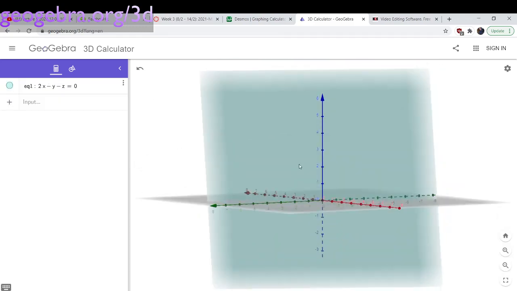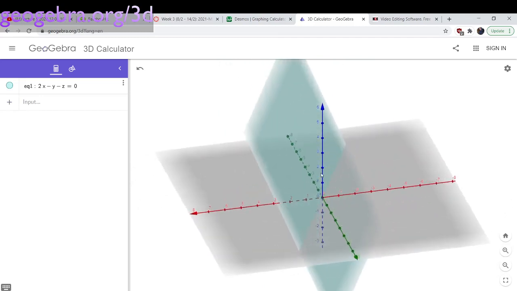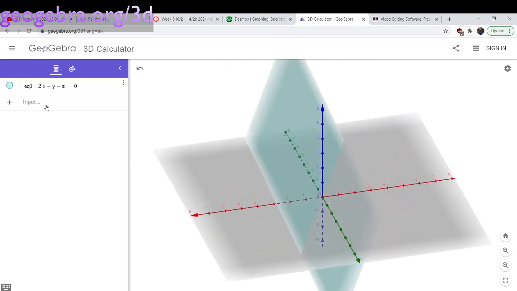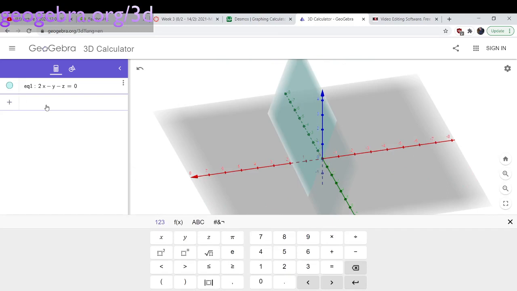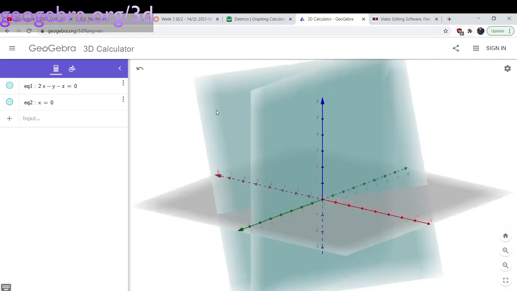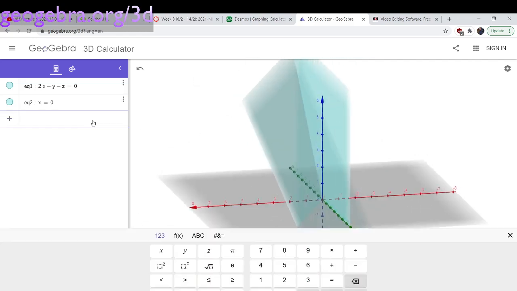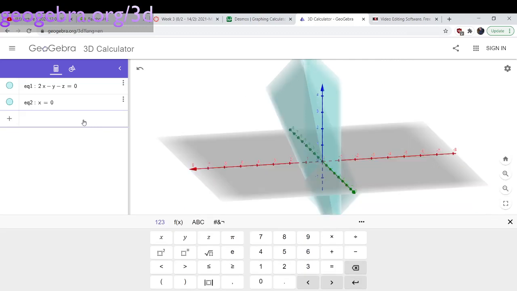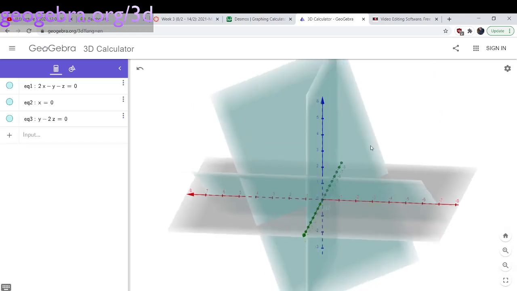So you can see when I plot that, I get a plane, right? A normal looking plane. If I input our second equation, which was x1 equals 0, we write that x equals 0 in GeoGebra. And the final equation, sorry, you can see my other plane just popped up there. The final equation is x2 minus 2x3 equals 0, where x2 is now y and x3 is now z. And so when I plot that, I get my final plane here.